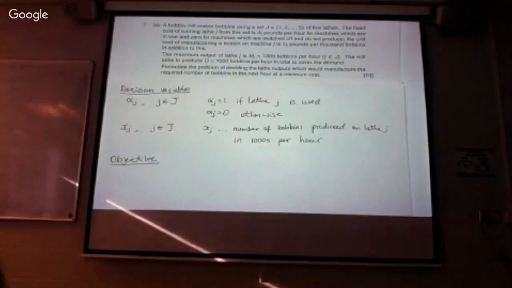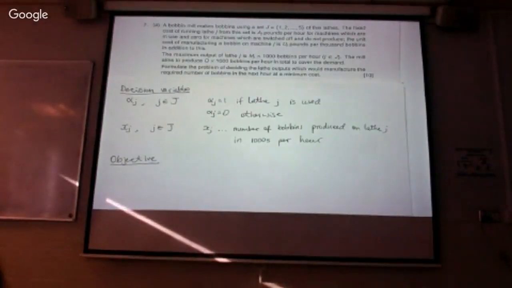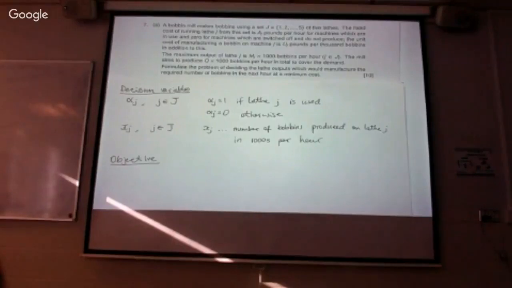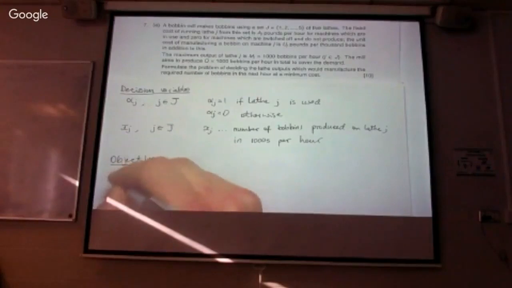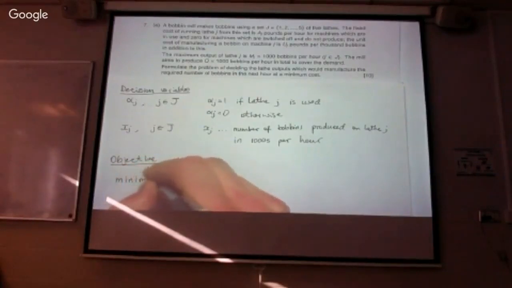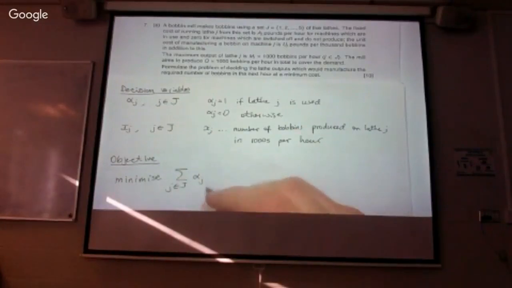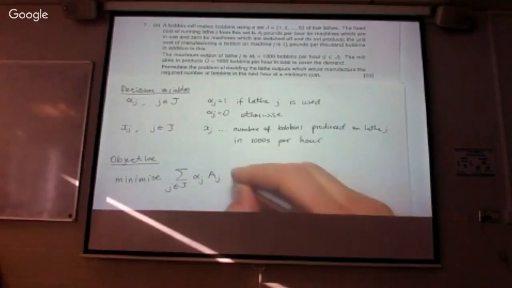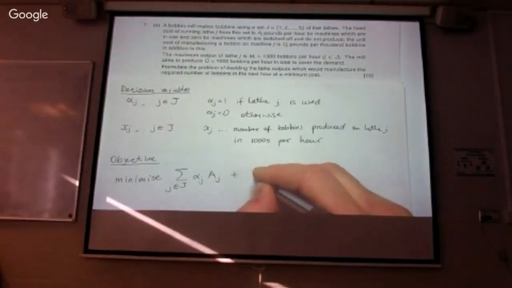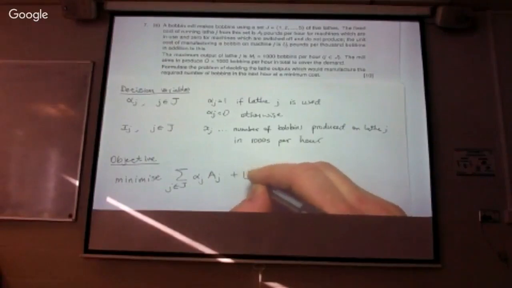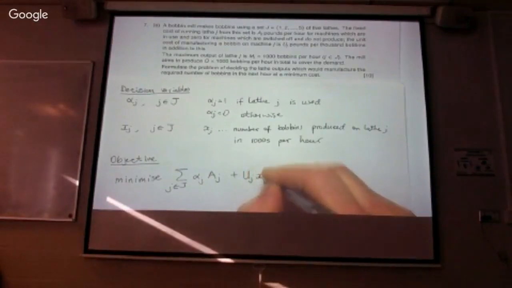You want to minimize the sum over all j in J of alpha j times the fixed cost, which is Aj, plus the unit cost, which is uj, times the amount, xj.